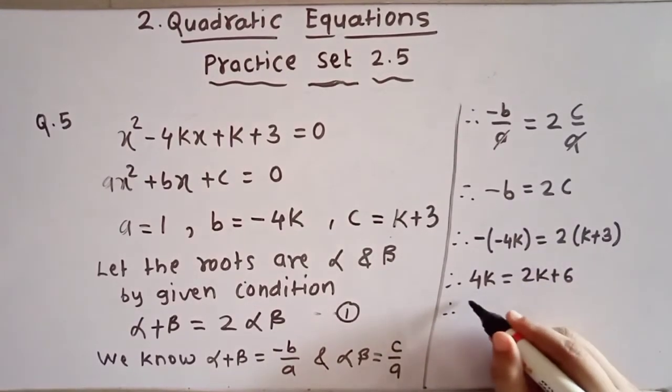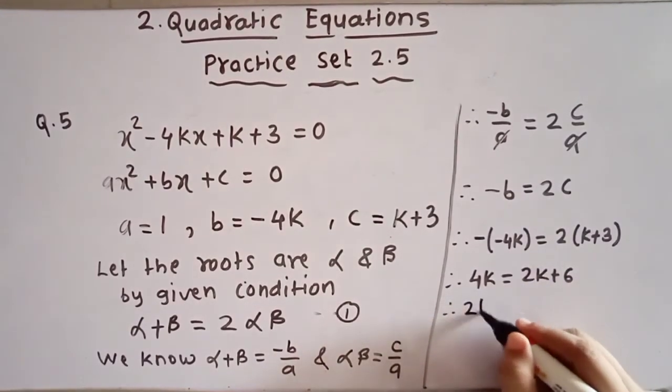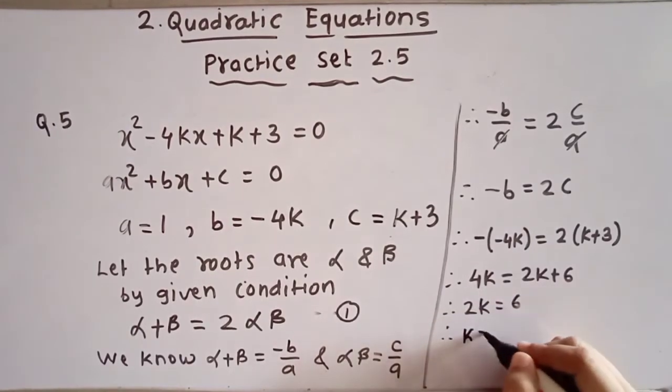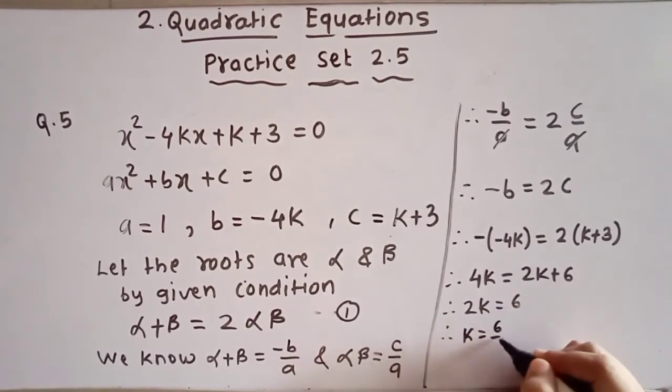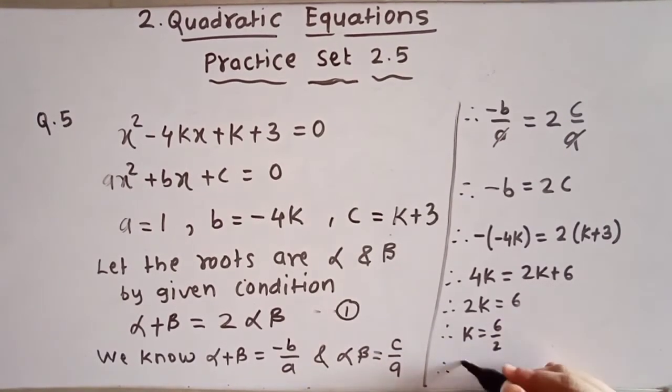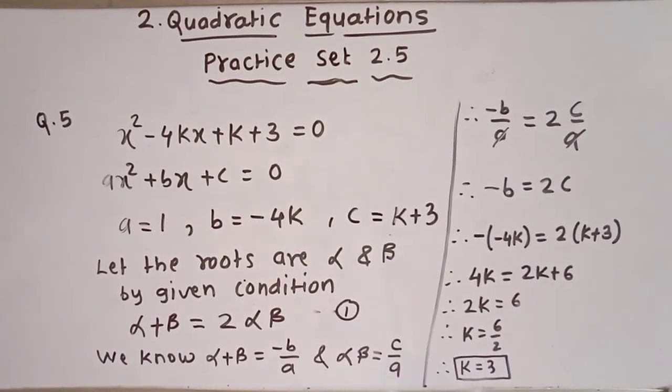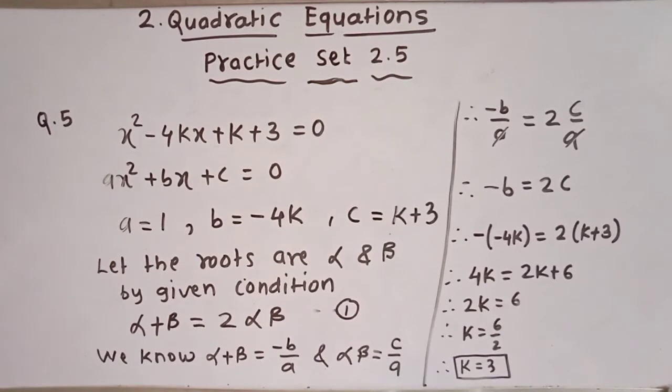Now 4k minus 2k is 2k is equal to 6. Therefore k is equal to 6 by 2, which means 3. So k is equal to 3. This is what we have to calculate. Is this thing clear to you, students? So we have calculated k is equal to 3. And how to solve, is this clear to you?